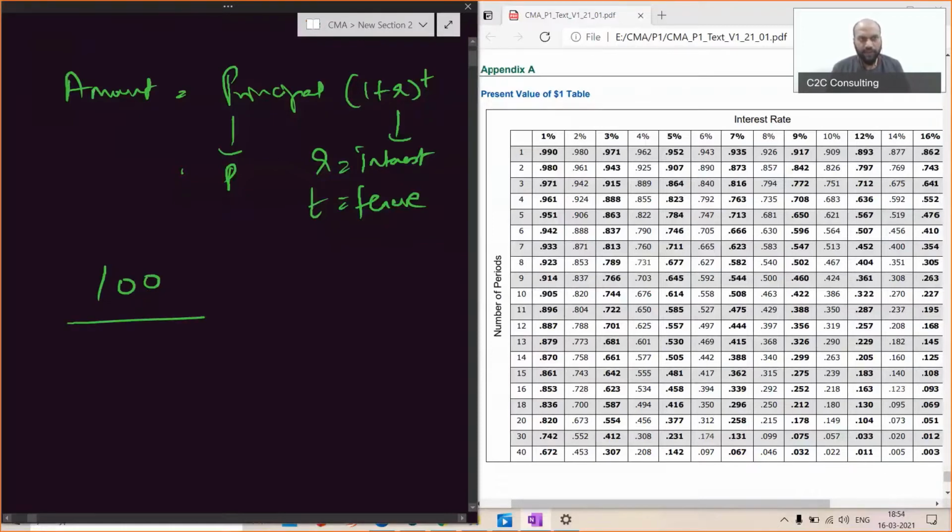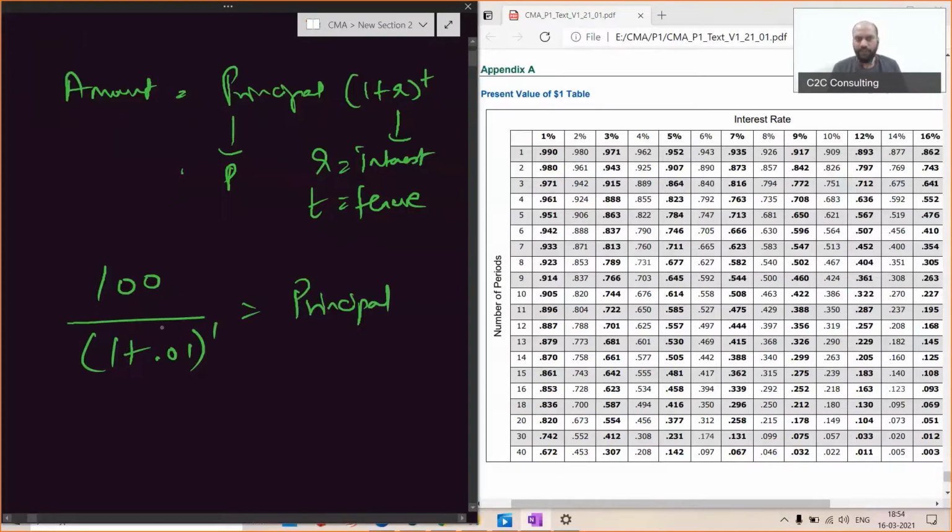So I can write the same formula: amount, which is what I'm going to get in future, divided by 1 plus 1%, which is R, 0.01, for 1 year. T is 1 year. This will tell me the principal I need to invest today. This is called present value, which we are trying to calculate.